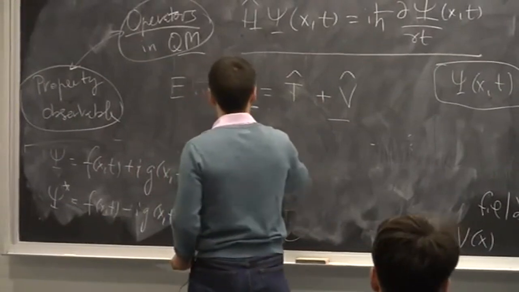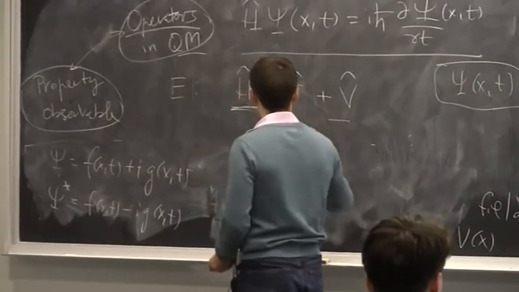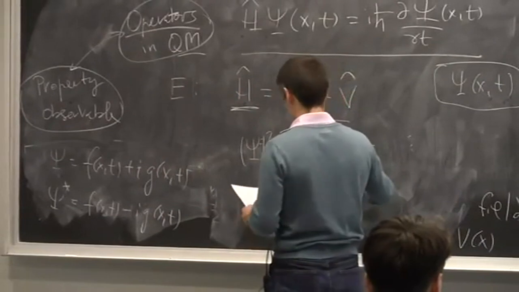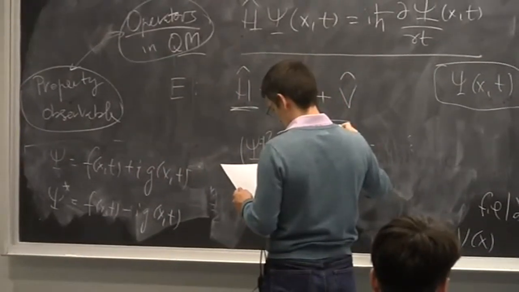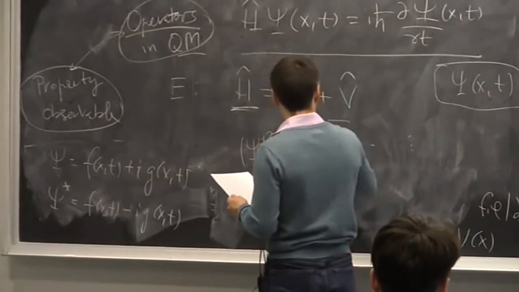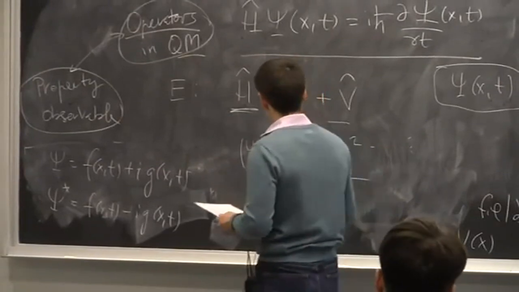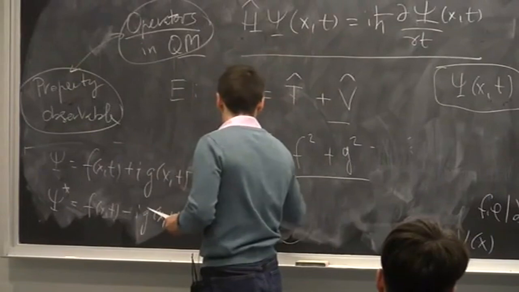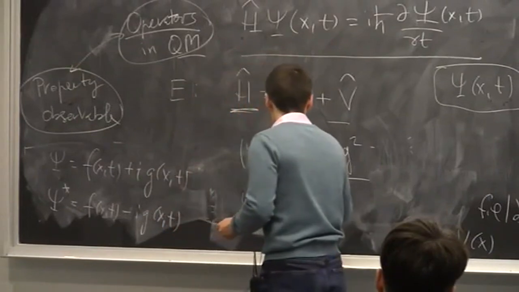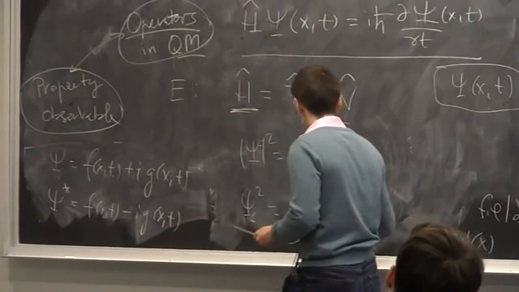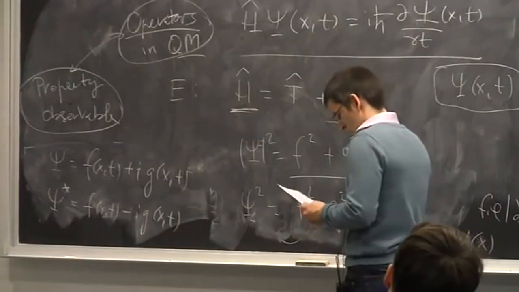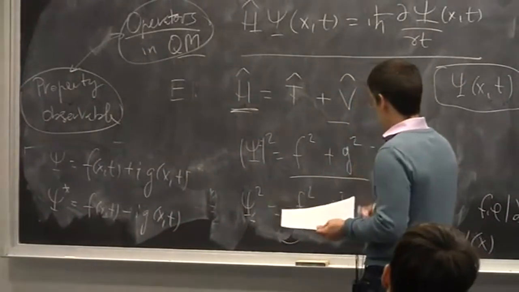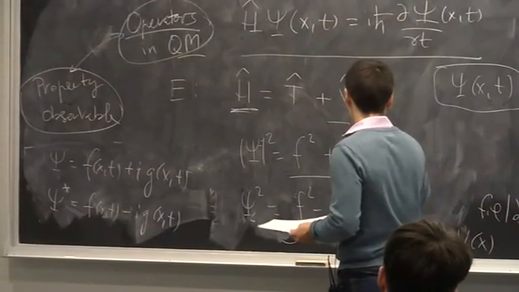psi star times psi will be f squared plus g squared. And then if you do just psi squared, then you get f squared minus g squared, which can be negative. And this guy cannot be negative. It's always non-negative.